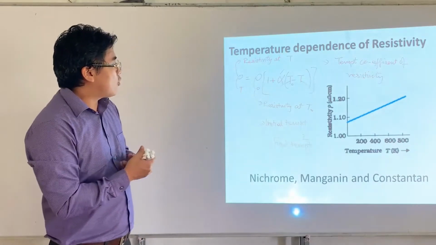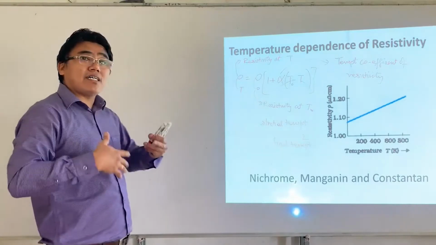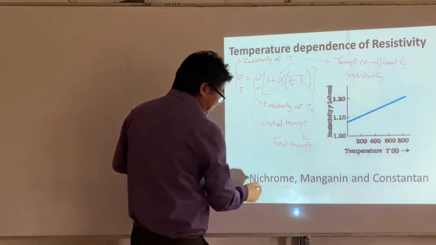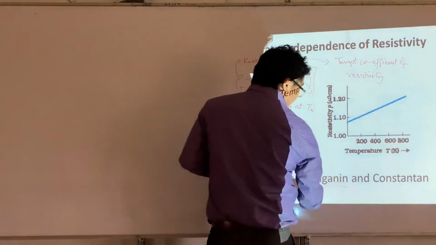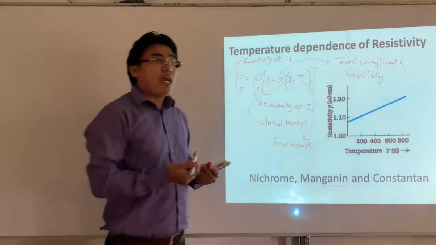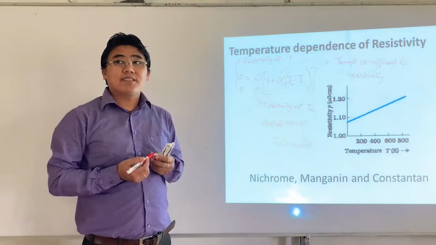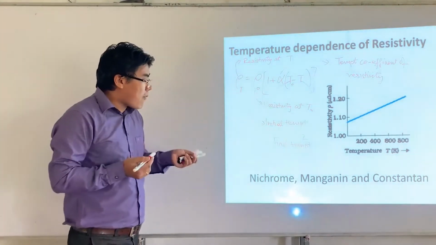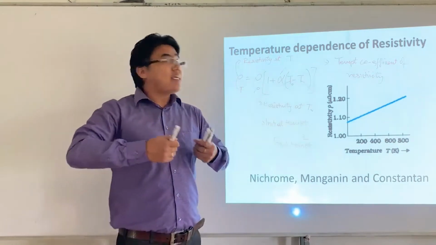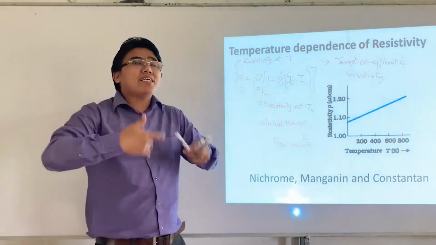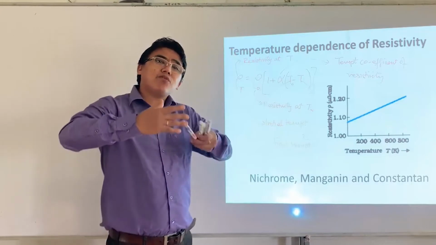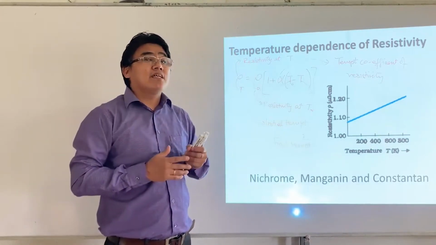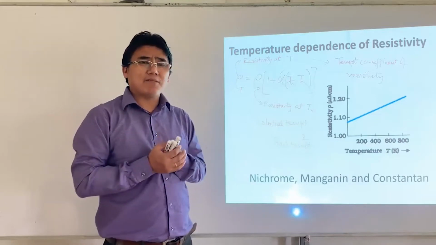Especially metals such as nichrome, manganese, and constantan, which I have shown you here, exhibit these properties. These metals weakly depend on temperature. Resistivity is weakly dependent on temperature. That means if I vary the temperature, resistivity doesn't vary much.